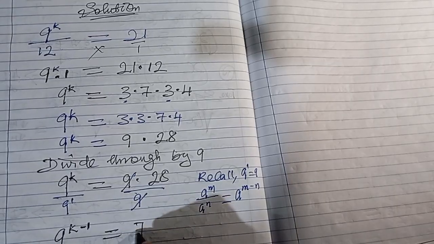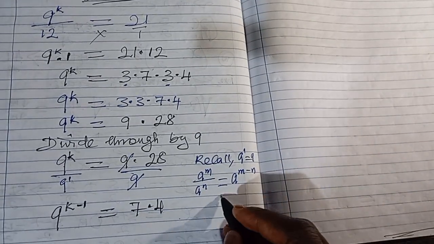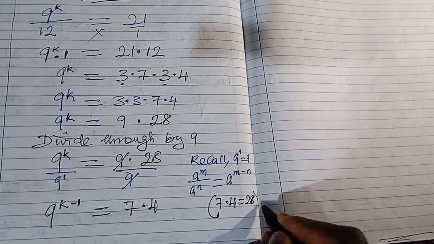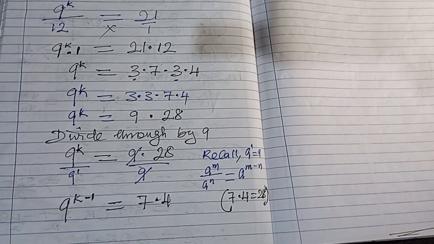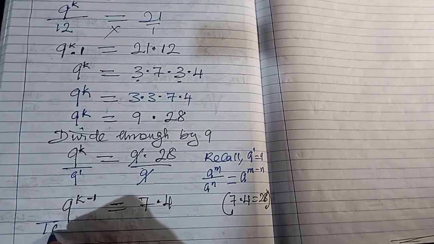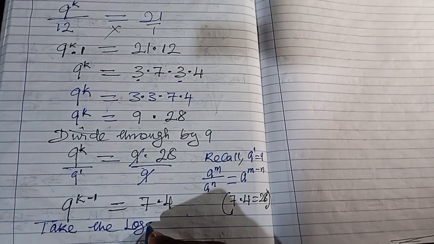This 28, let's go back to 7 times 4. 7 times 4 is 28. So let's leave it like this. Now take the log of both sides. That is the logarithm of both sides.